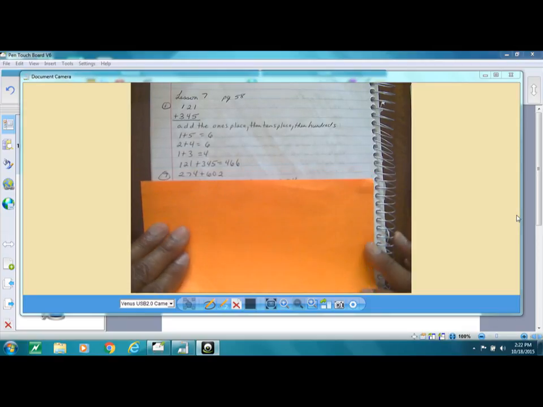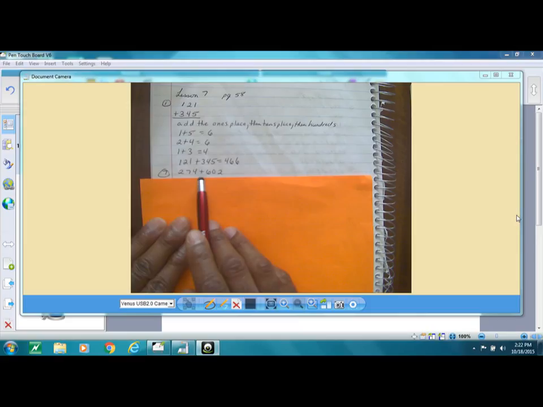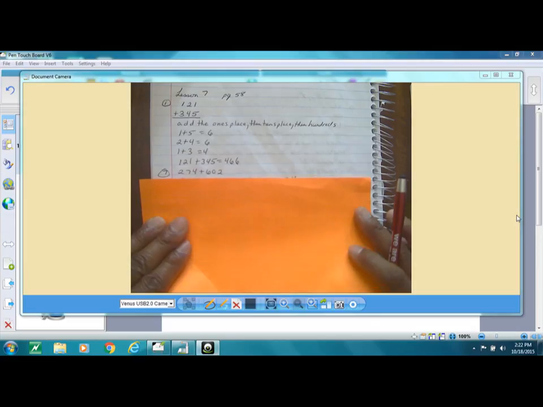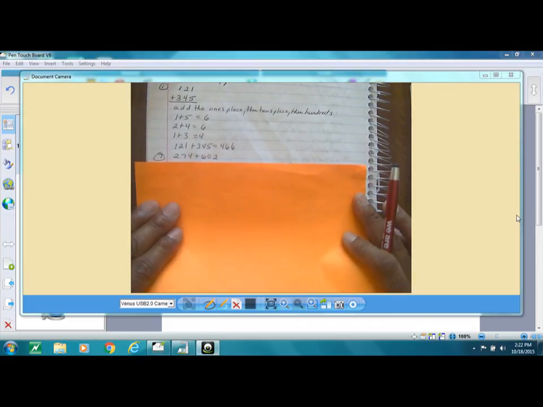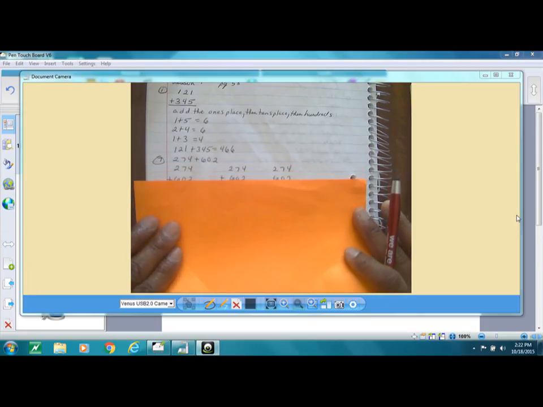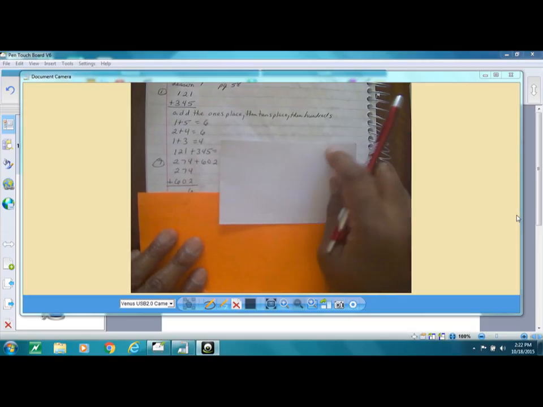If you look at problem number 7, that's 274 plus 602. Try to stay with me as you write, as I keep talking and you write the problems. Okay, try to stay with me. Now, if you look at what we did here, I just set it up a little bit differently, but it's the same thing.